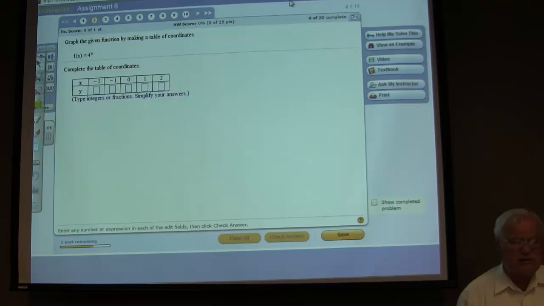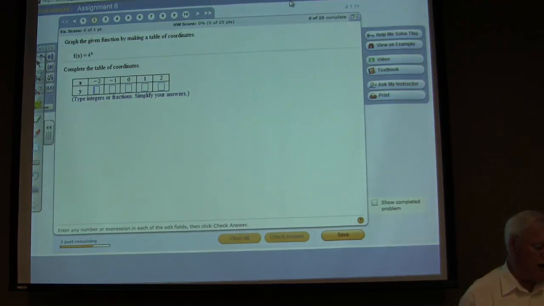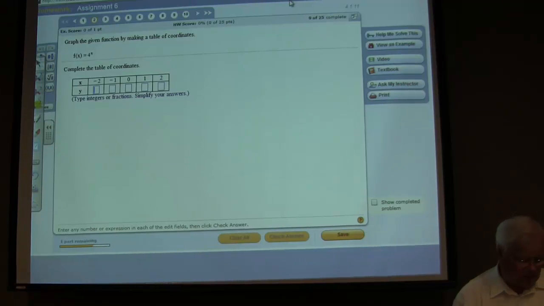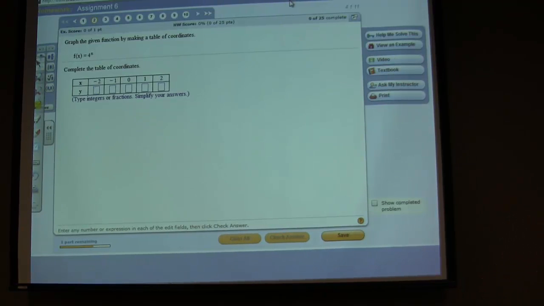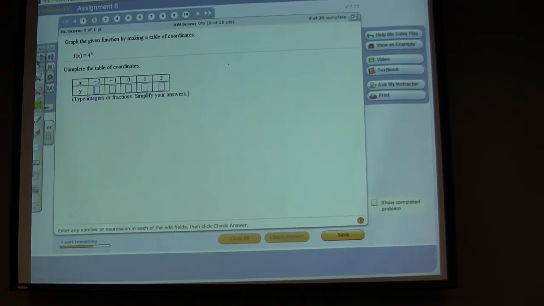If f of x equals 4 to the x, what is y going to be when x is minus 2? Well, what that means is 4 to the minus 2 power. But we learned just a minute ago that that means 1 over 4 squared.